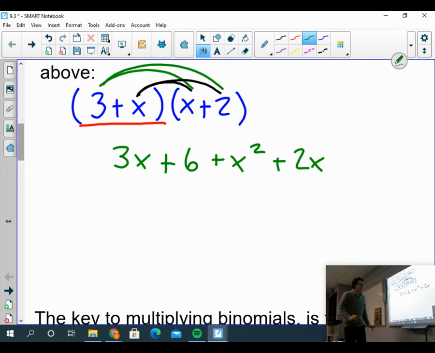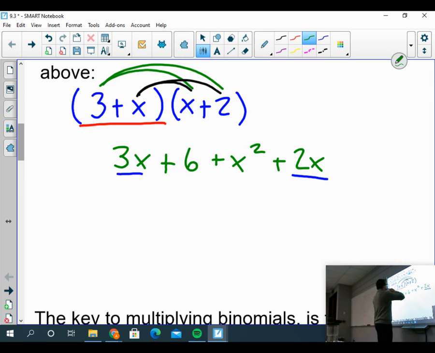Now, once I do this, this actually goes back to a 9.1 concept. I'm going to try and combine like terms and rewrite this in standard form where it goes decreasing, or my highest power then my next highest power in a decreasing fashion. So first things first, I identify my like terms.